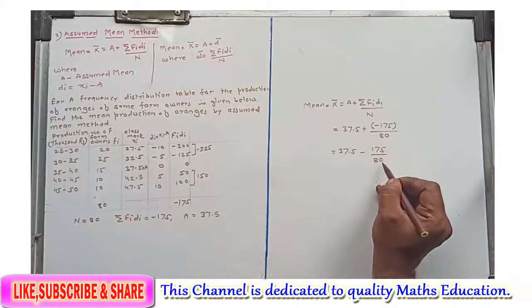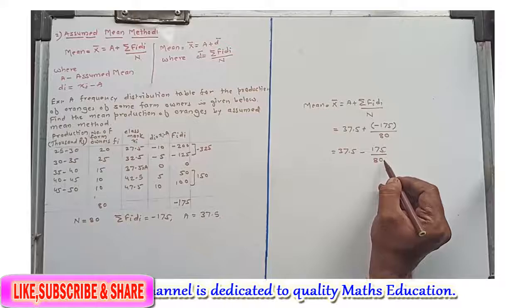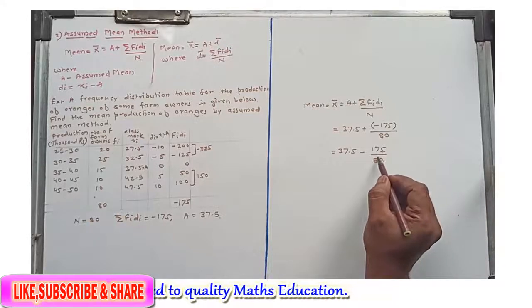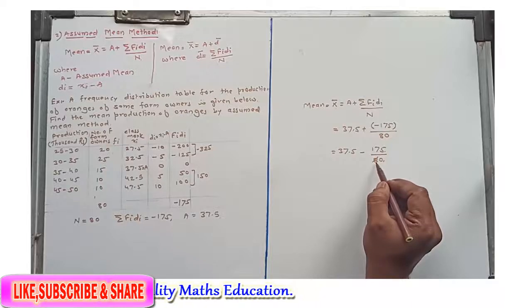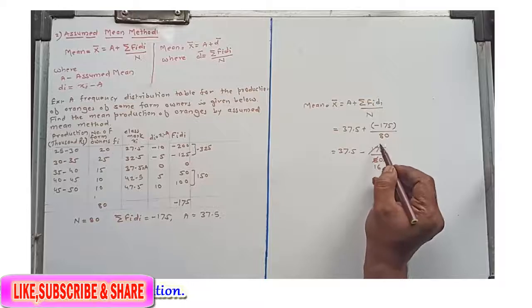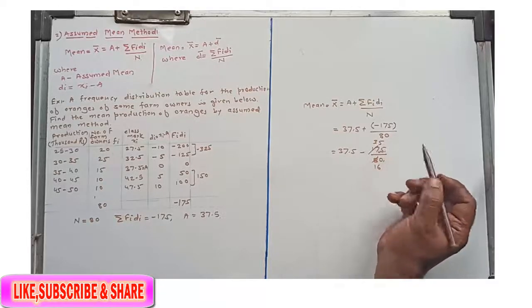Now here in 175 upon 80, the unit place digit contains 0 and 5. So both numbers are divisible by 5. So divide by 5. So here it will be 5 1s are 5, 3 left, 5 6s are 30, and here 5 3s are 15, 2 left, 5 5s are 25.